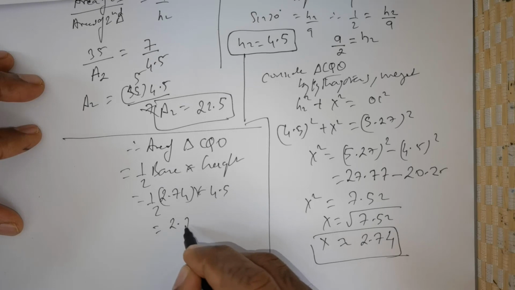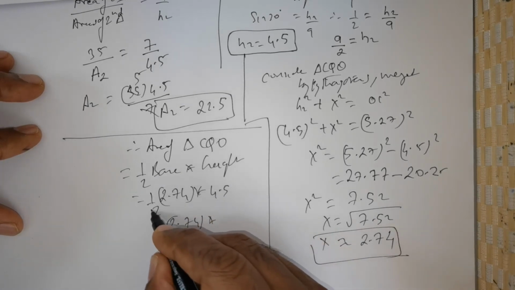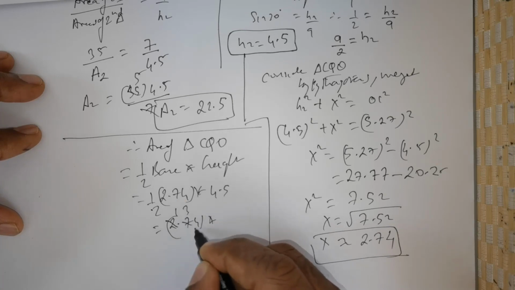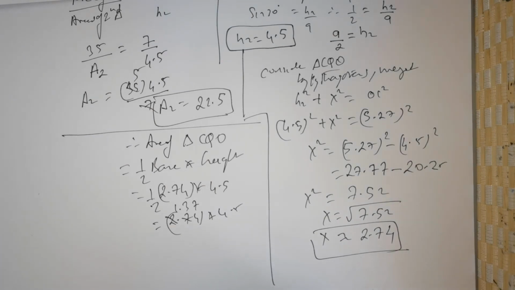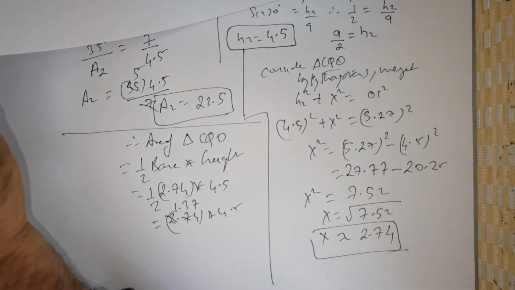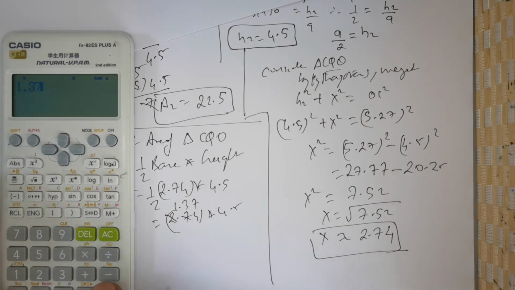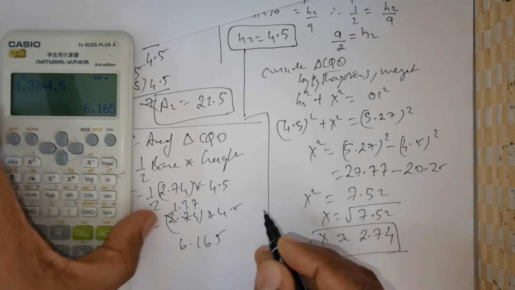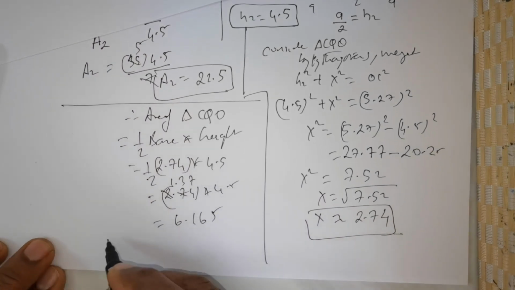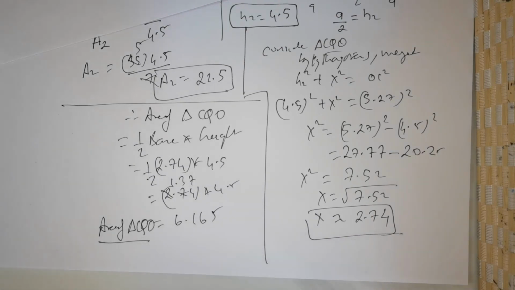In fact I can reduce by 2, so 1.37 multiplied with 4.5. This is going to give me 6.165. So this is the area of triangle CQO. So that is got.